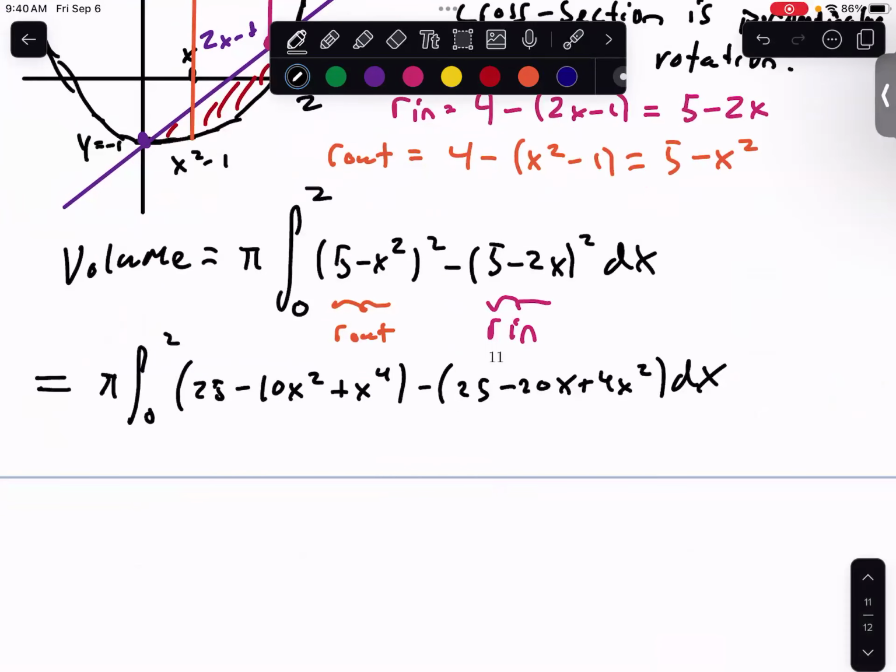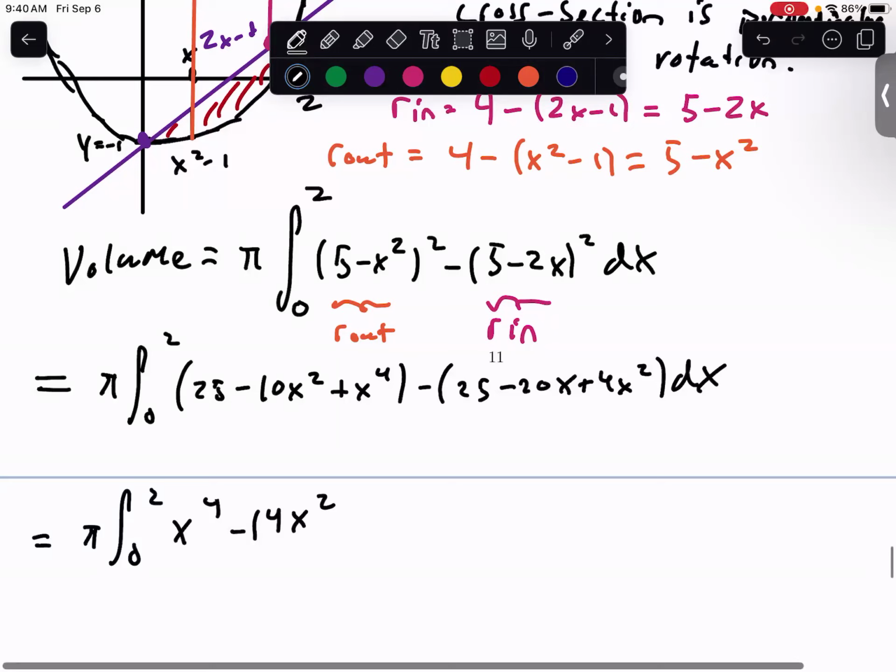Okay, and then from here, it's just a matter of combining like terms. So this is pi times the integral from 0 to 2. This ends up being equal to x to the 4th power, then you have minus 14x squared, and then you have plus 10x, right? Or hold on. Oh, wait, no, it's just plus 20x.